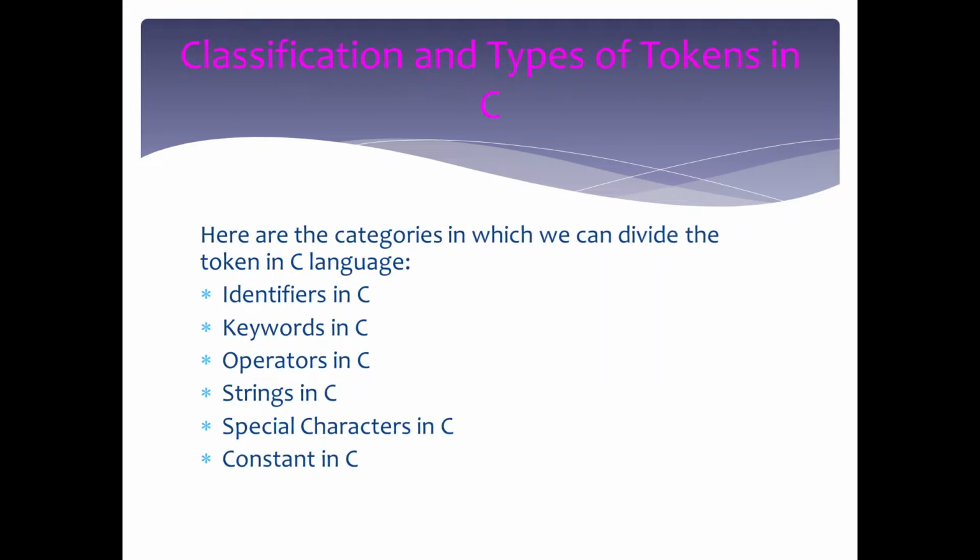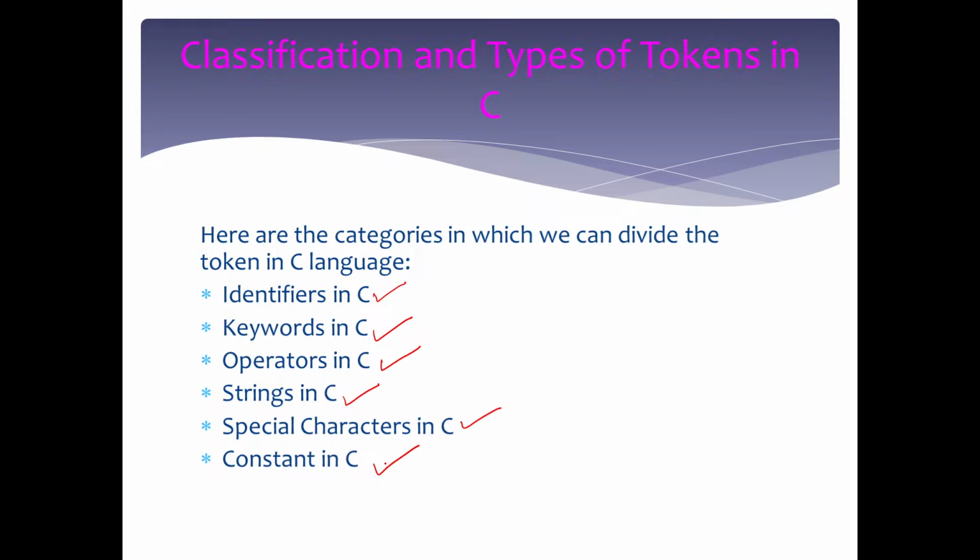Here are the categories into which we can divide the tokens in the C language. The tokens are broadly divided as follows: identifiers, keywords, operators, strings, special characters, and constants. These are the different categories into which tokens are divided in C programming.